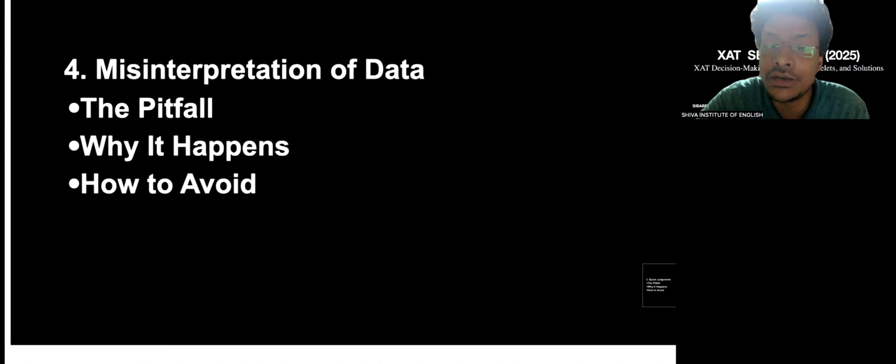You need to stick to the case. Base your decision solely on the information provided. Avoid assumptions that are not explicitly stated or logically implied.